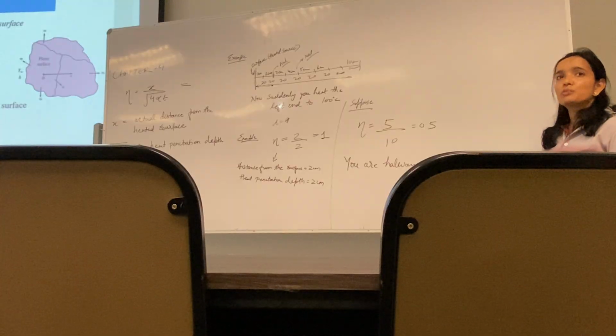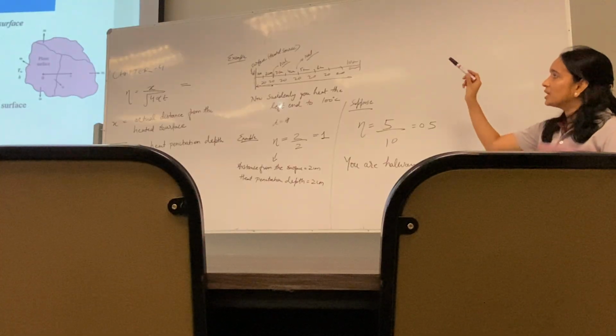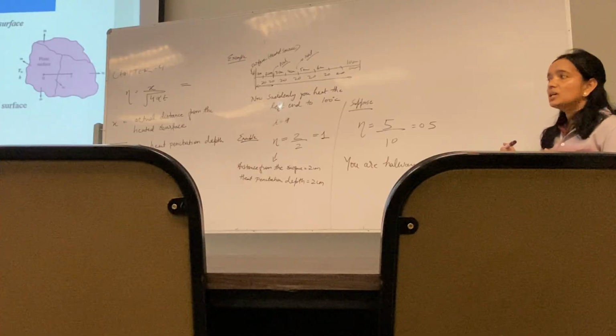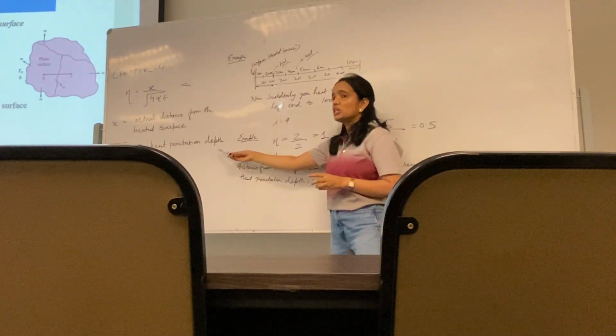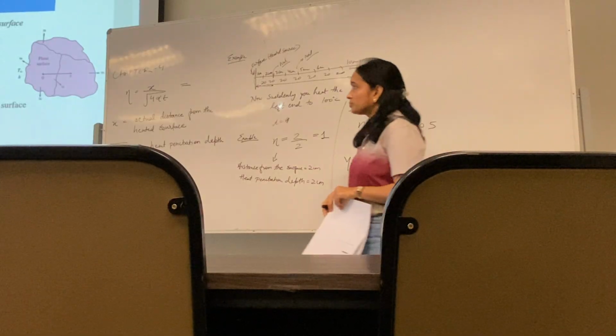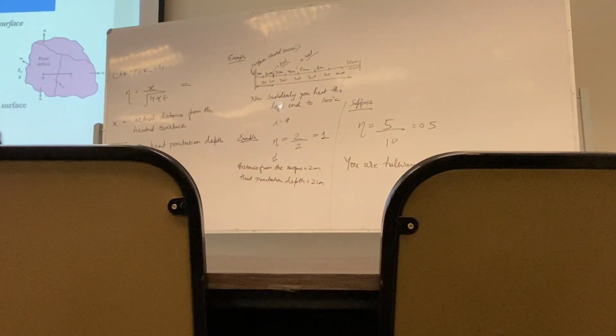You can determine the position where you are or where your nail or whatever point is in comparison to the heat penetration depth. So you will see eta like you see theta and tau in 4.2.